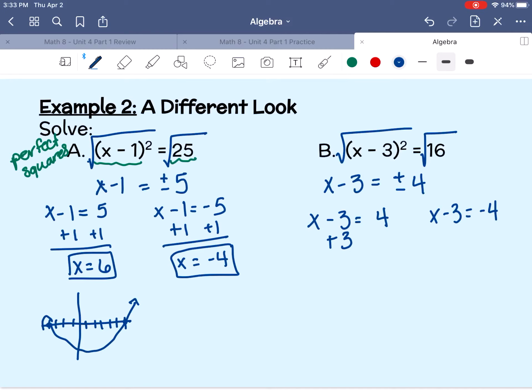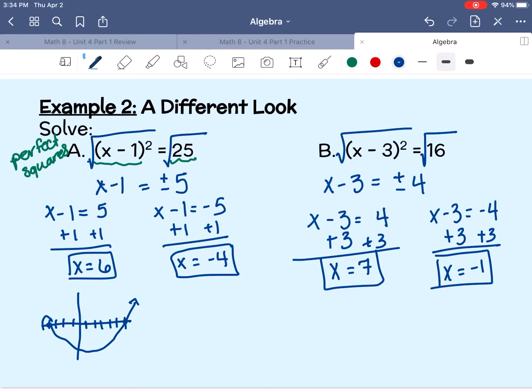So we'll go ahead and add 3. One of our solutions, x equals 7. Over here for our second solution, x could equal negative 1.